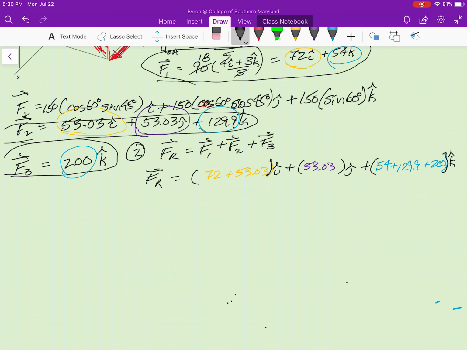So we do that math, and we end up with F sub r, not F sub 2, equals 125.03 i plus 53.03 j plus 383.9 k.